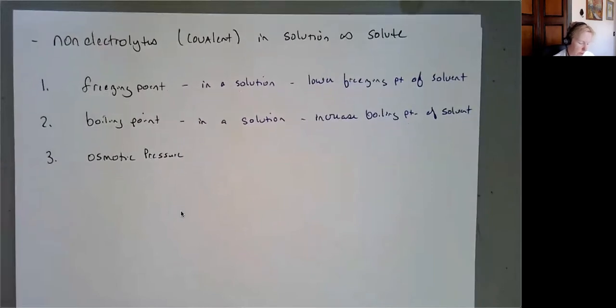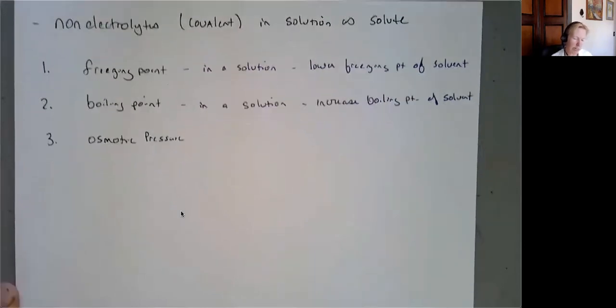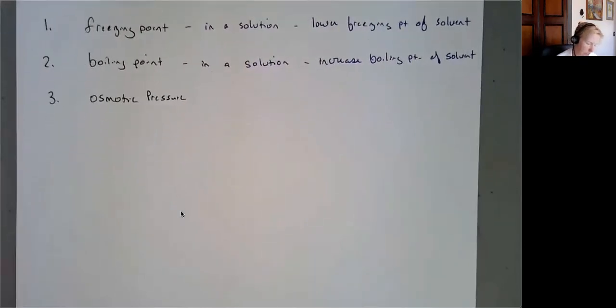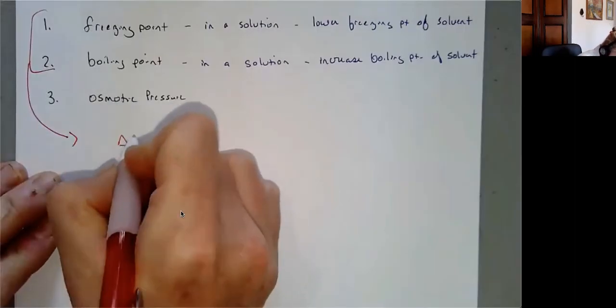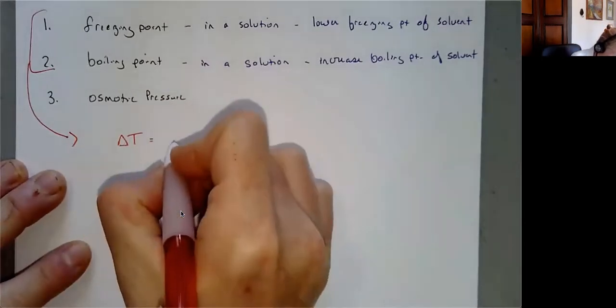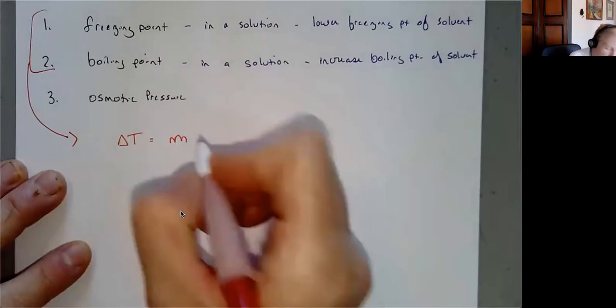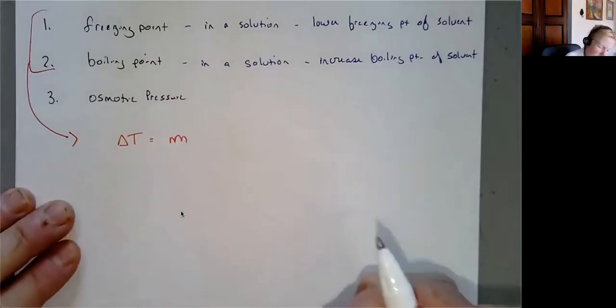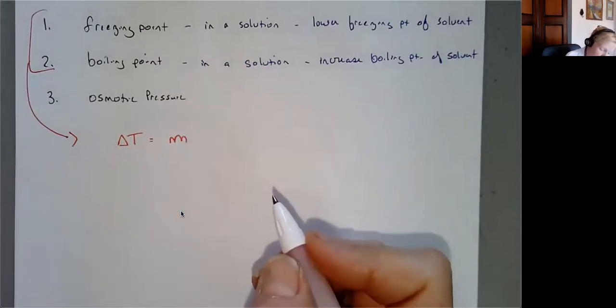So let's look at freezing point and boiling point, because these have very similar equations. These are going to have a change in temperature, right? I'm either increasing or decreasing the temperature. Change in temperature is going to equal the number of particles. And since I have a solution here, I'm going to define that as the molality.